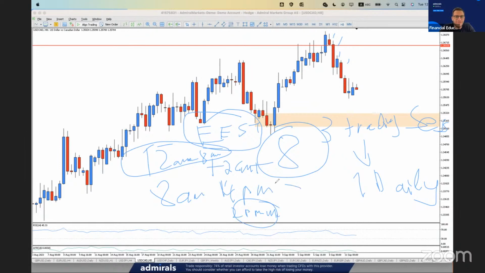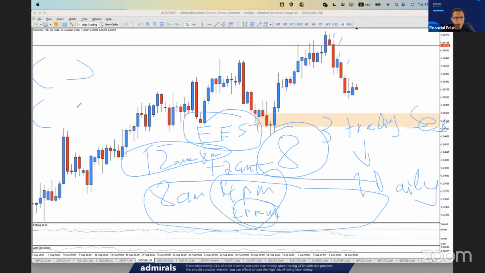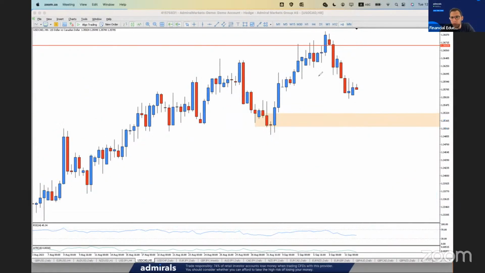So you cover the whole European session, and then you're going to see the whole New York session. So you have basically the Asian session all in one, the European session in another candle, and the New York session in another candle. That's why I prefer the 8-hour candles. By all means, we can still trade without them. Don't worry if you don't have them available on your charting software, but that's the reason I prefer it.